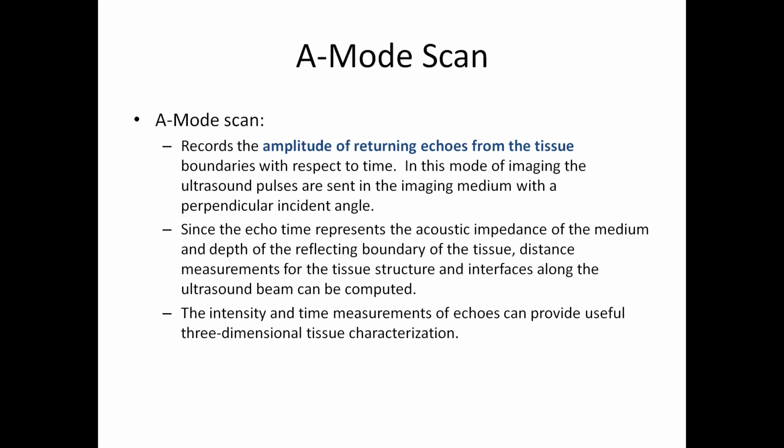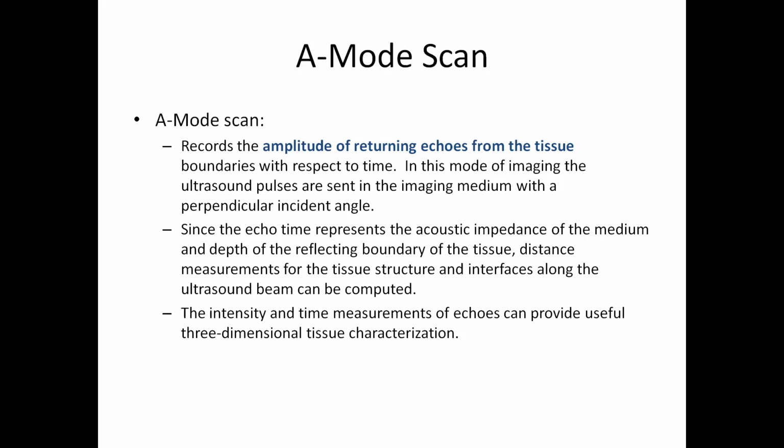In this A mode imaging, the ultrasound pulses are sent into the imaging medium with a perpendicular incident angle. So in this skin membrane, we transmit the information exactly in the perpendicular direction.